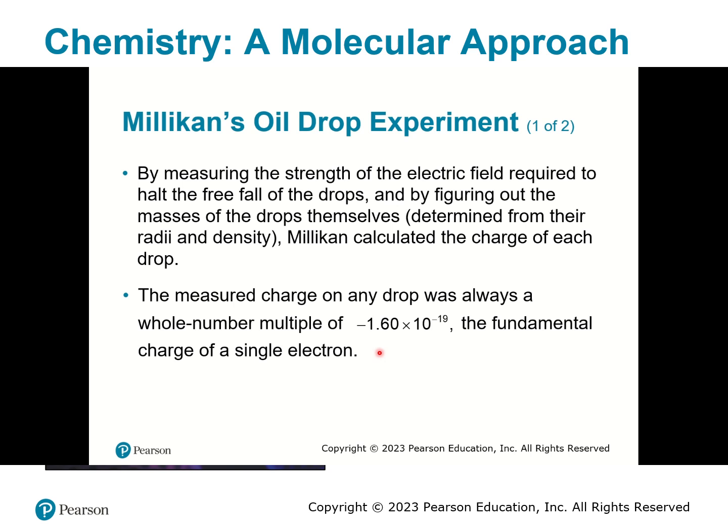Every value that he found was a whole number multiple of a single, smallest charge. The charge of 1 electron. So the measured charge of one drop was always a whole number multiple of negative 1.60 times 10 to the negative 19, the fundamental charge of a single electron.